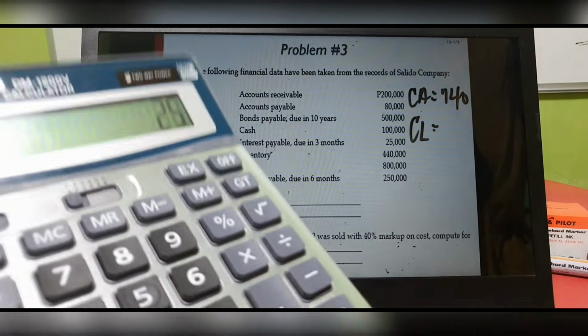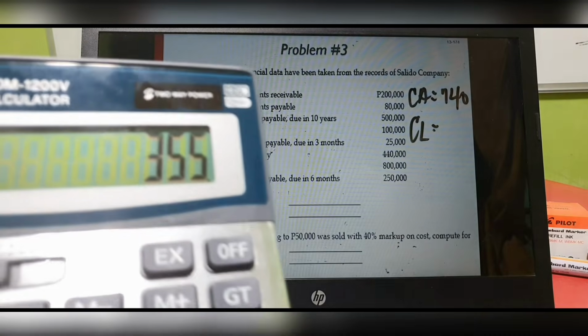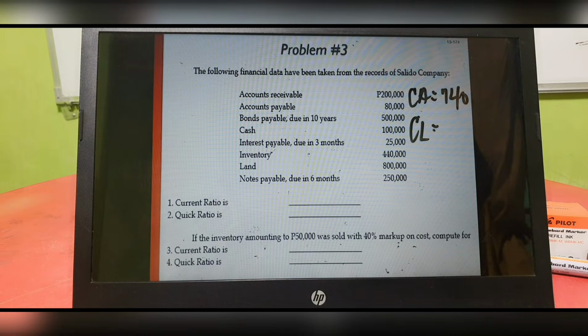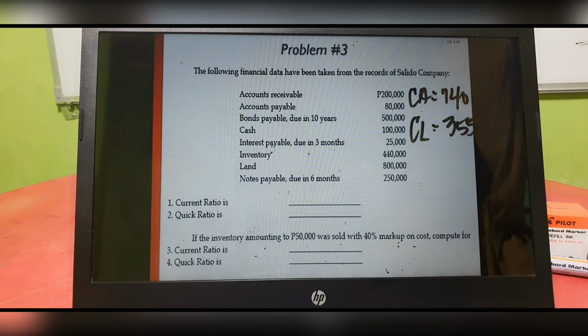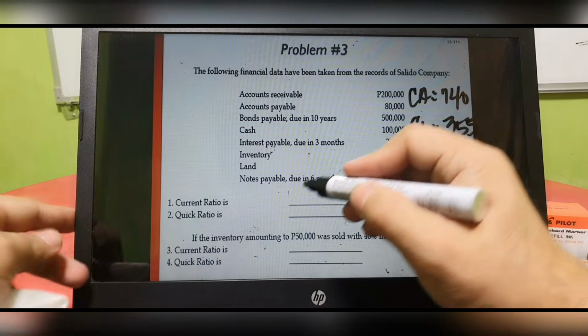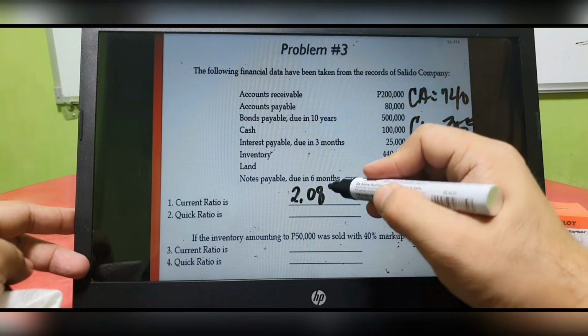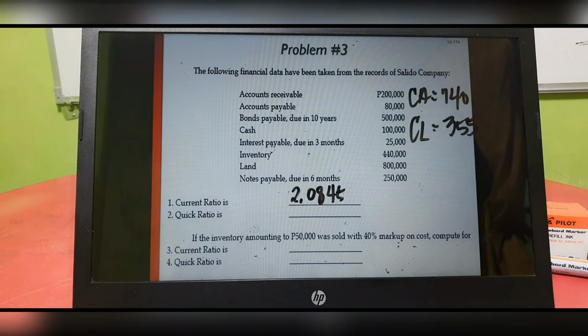Yes, plus 250. So the answer is, ang current liability natin ay 355. So, ang ating current ratio ay 740 divided by 355. So the answer is 2.0845. So, dinagdagan lang natin ng decimal places.